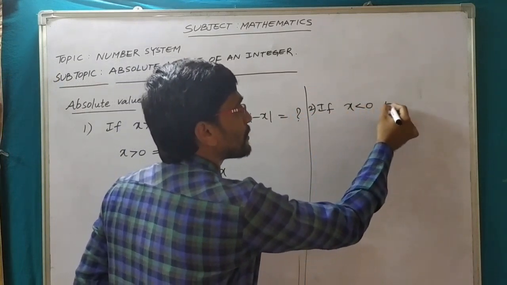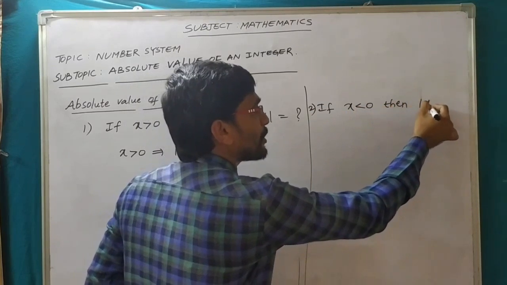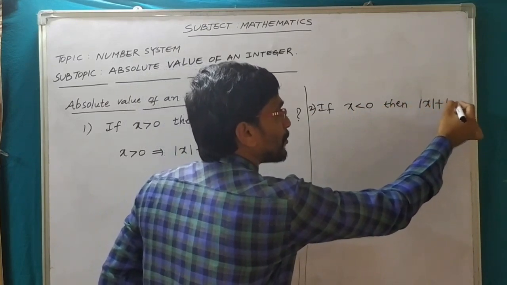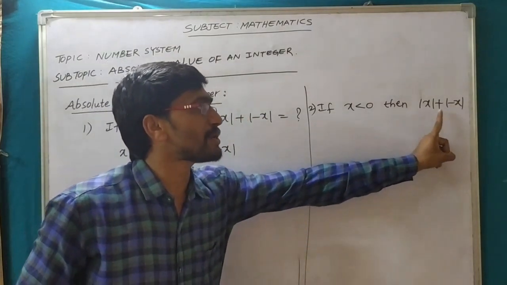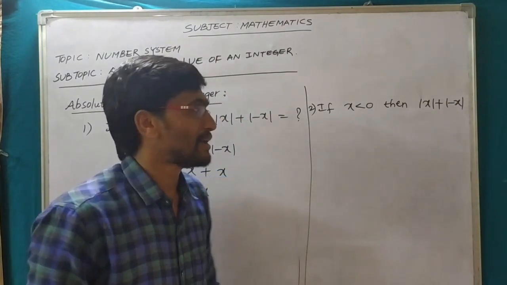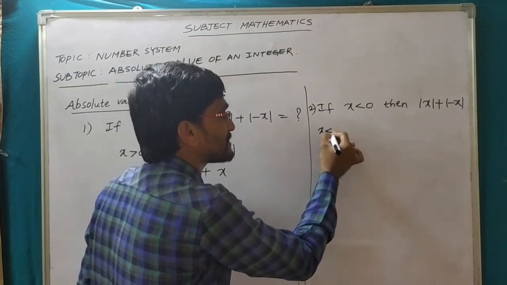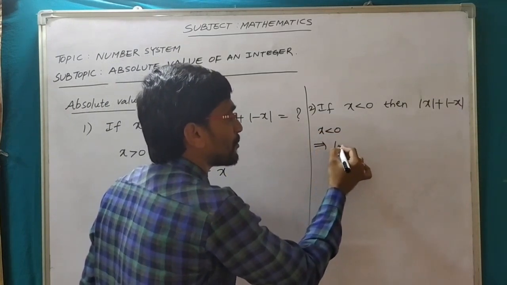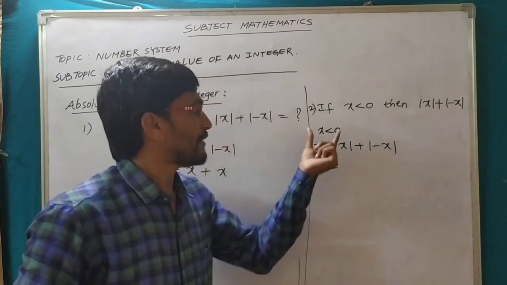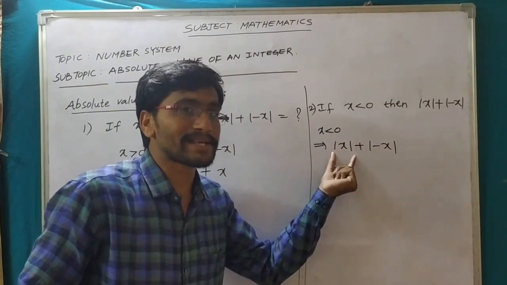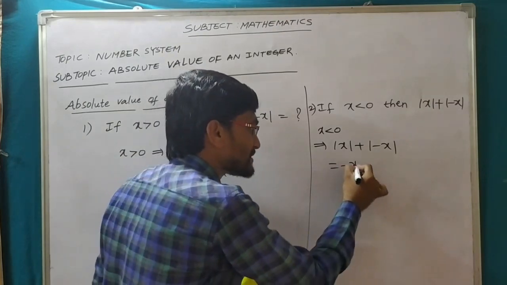If x is less than 0, then what is modulus x plus modulus minus x? If x is less than 0, modulus x is nothing but minus x.